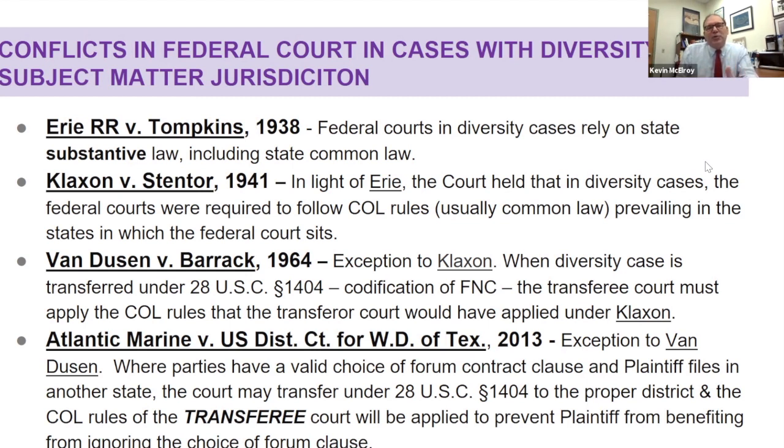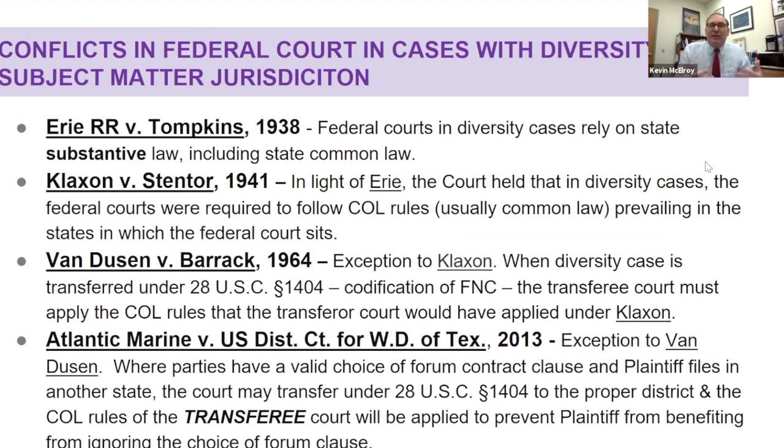You've got to look at the choice of law rules, because let's say Pennsylvania's got the best substantive law for you. So you file in Pennsylvania, and guess what? Pennsylvania's choice of law rules tell you, yeah, you'll be in court in Pennsylvania, but we're going to apply New York substantive law. So you have to look at which state's choice of law rules will lead you to the body of substantive law you want. That's why Van Dusen and Atlantic Marine matter.